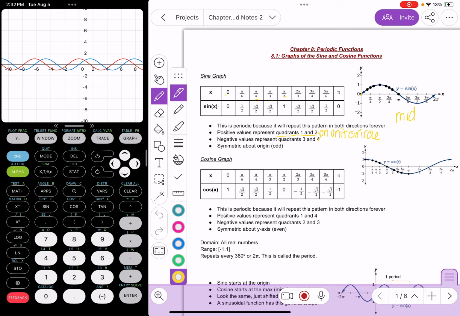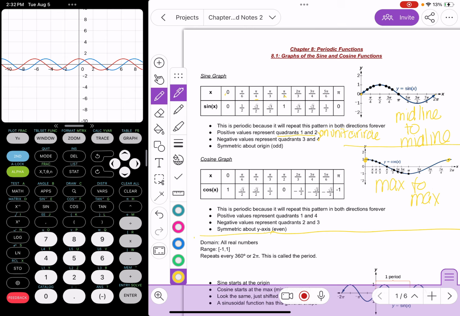So I say like midline to midline. And we'll talk a little bit about what that means in the middle. And then cosine goes from max to max. So that's visually how you can tell the difference in the periods when you're trying to graph them or write the equations.